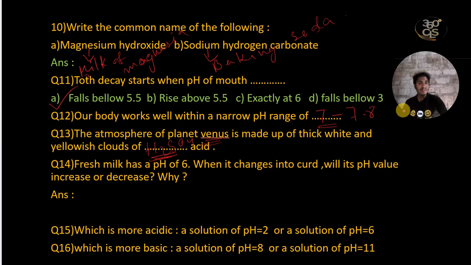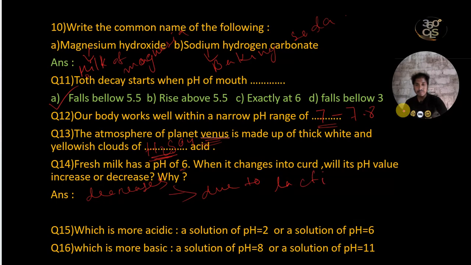The next problem is, fresh milk has a pH of 6. When it changes into curd, what will its pH value do, increase or decrease, and why? So definitely the pH value will decrease. Why? Because of the lactic acid produced.